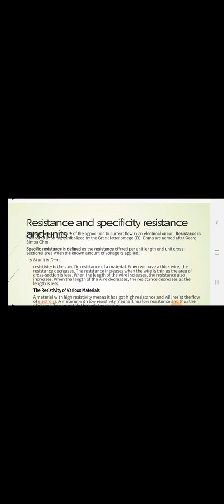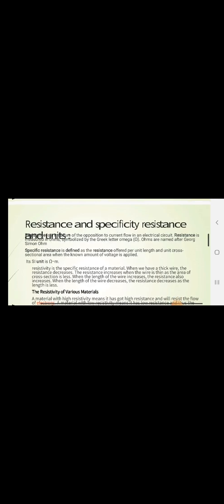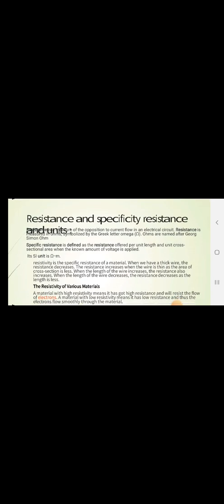And I will also write that resistance R is equal to rho into L by A, where rho is the specific resistance. And this rho is equal to resistance into area by length. So specific resistance is defined as the resistance offered per unit length and unit cross sectional area when a known amount of voltage is applied.